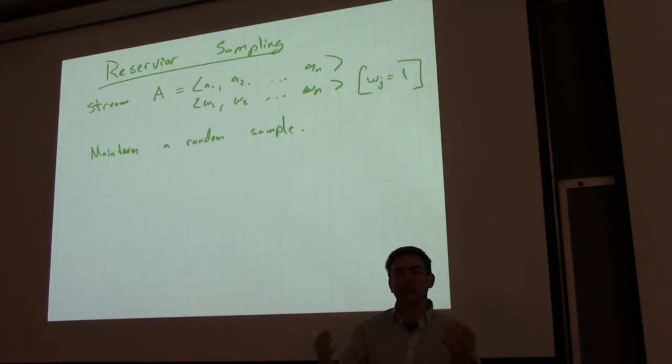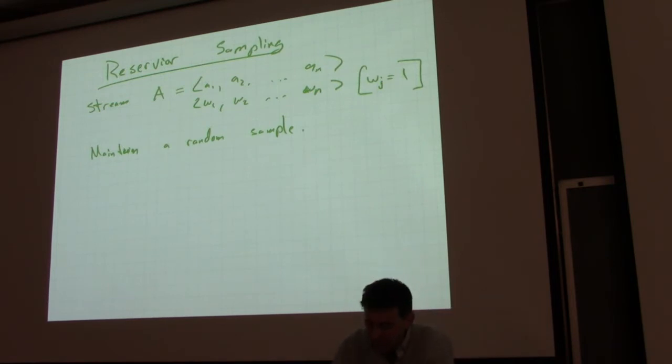If I want to maintain k random samples, I do this k times in parallel. So I might pick something twice. But there are ways to do it where you enforce that you don't pick something twice. Those are a bit more complicated. It usually doesn't buy you too much extra, although it helps a little bit. So I'm just going to maintain one of these things at random.